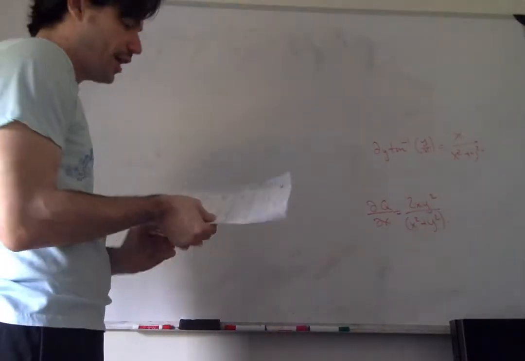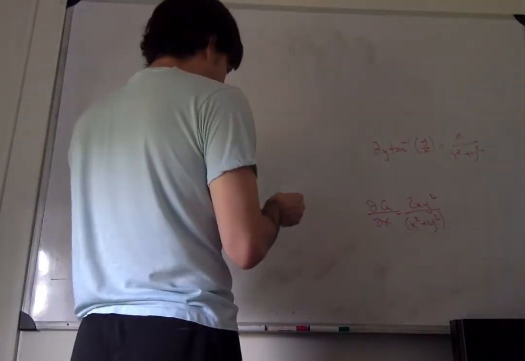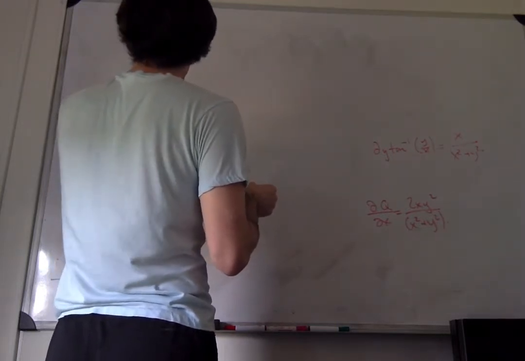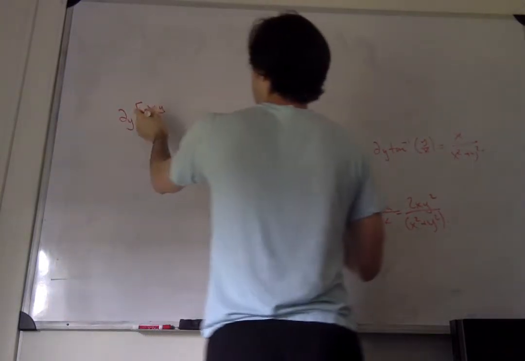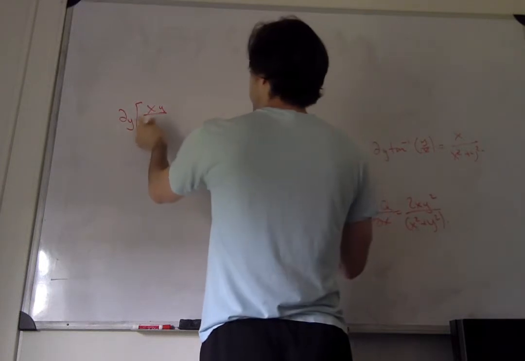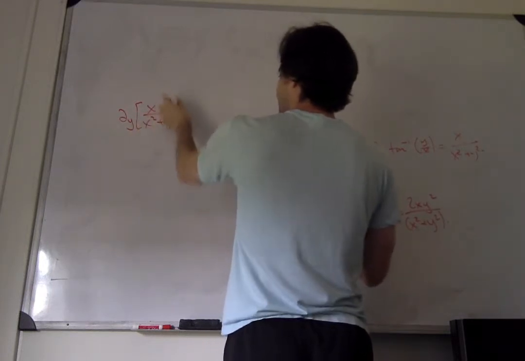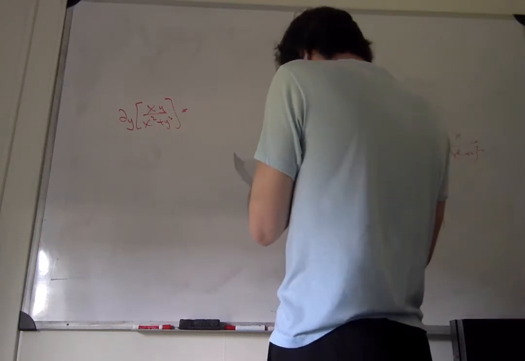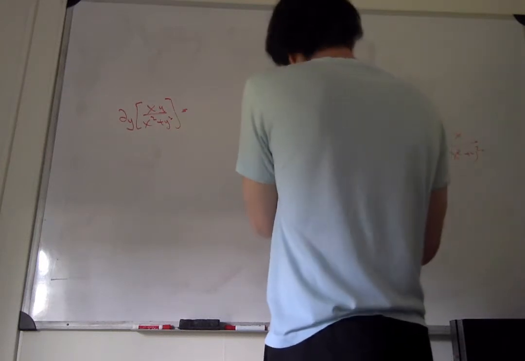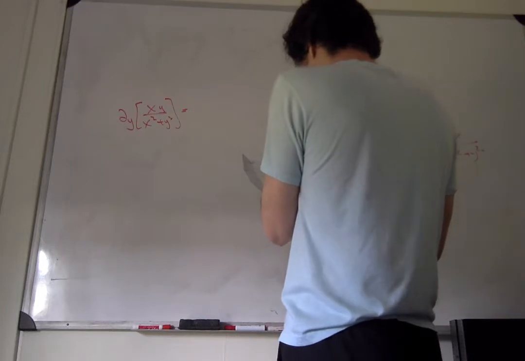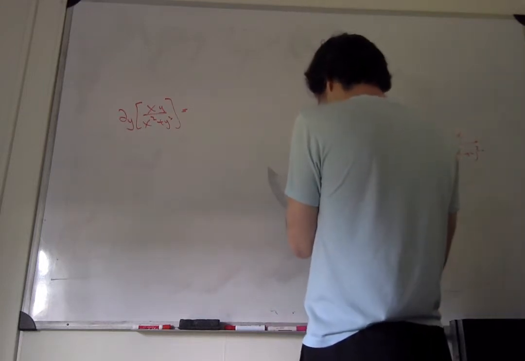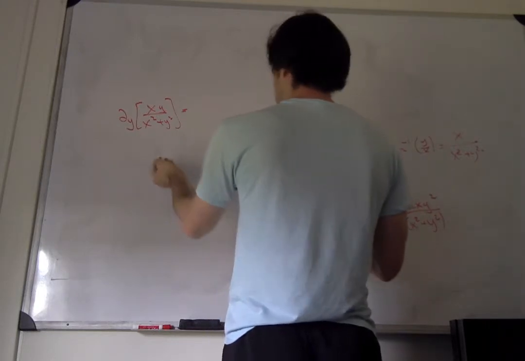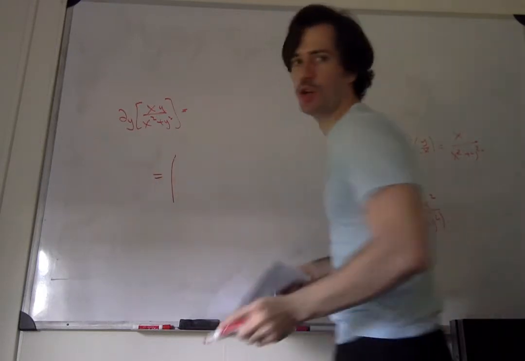Now I'm going to take the derivative of the other guy. So partial of xy over x squared plus y squared, again, you're going to apply the quotient rule.